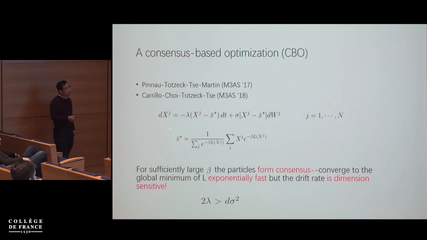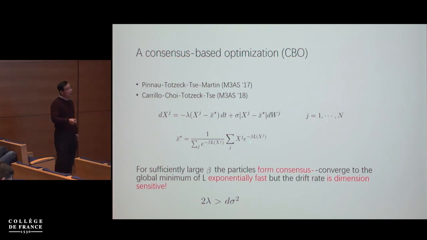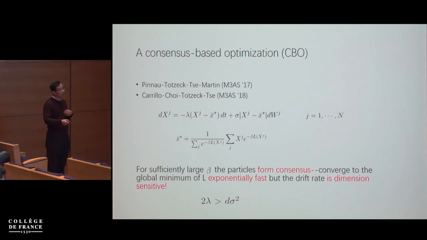So the definition of this average is a weighted average with a Gibbs-measure-like weight. Essentially, each particle xj is multiplied by a weight, which is e to the minus beta L. L is the function whose minimum you want to find, all right? That's your target objective function. Beta is some positive constant, which is assumed to be large. This term looks like a Gibbs measure, where L looks like energy and beta is like 1 over temperature.